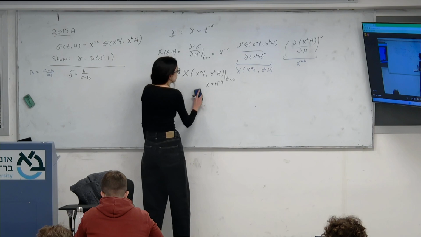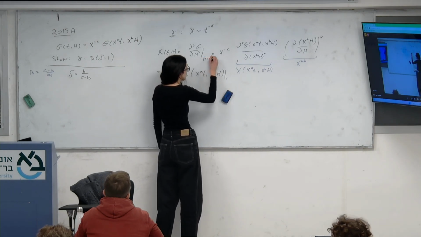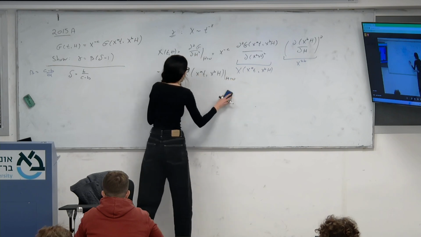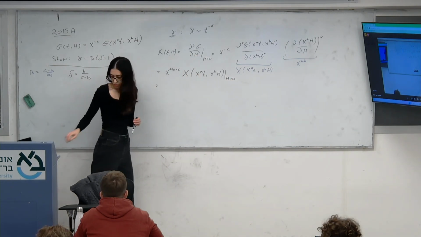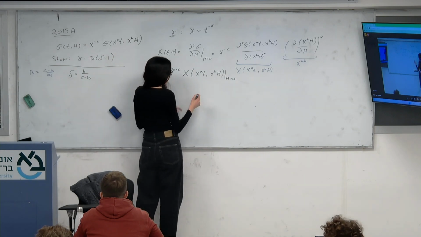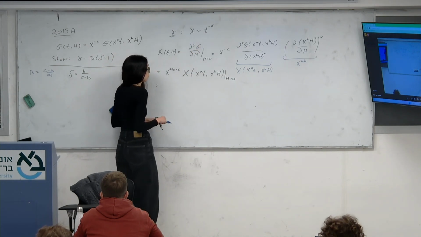Sorry, this is h equal to 0. We want to scale out the dependence on t, so we get an exponent with t.